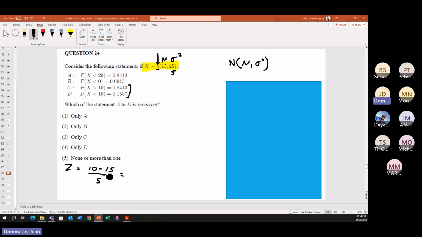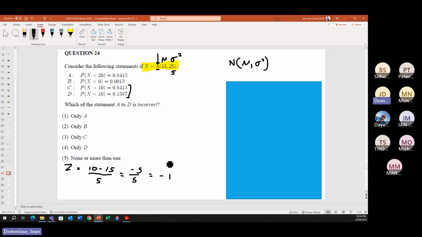Already when you see that, your Z is going to be negative, which is fine. So 10 minus 15 is minus 5 over 5. So Z is equal to minus 1.